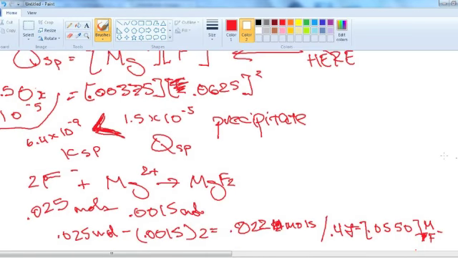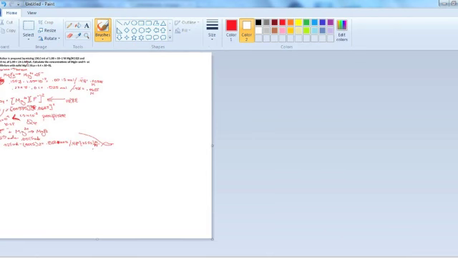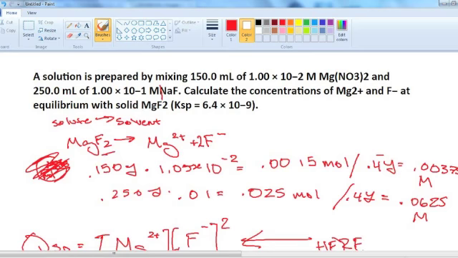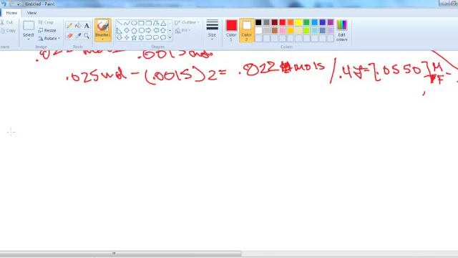I'm just going to open this up a little bit. Okay. Zoom back in. K value, which we already know as a value of 6.4 times 10 to the negative 9.